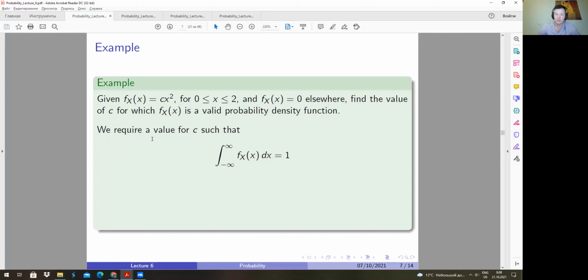This number is calculated based on the property that the integral of this probability density function from minus infinity to plus infinity must be 1. So in order to work with continuous random variables, you also need to be familiar to some extent with integrals. Then we calculated this integral, and from this simple equation, we calculated that c is 3/8.